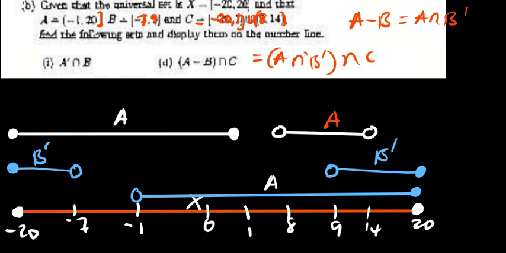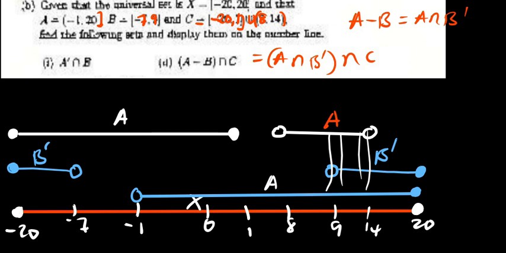Inside there's intersection, outside there's intersection. What does it mean? We want a line where all the three are meeting, where A, B complement and C are meeting. So I can clearly see that the only point where the three lines are meeting is this point here, up to that point. That's the only point.